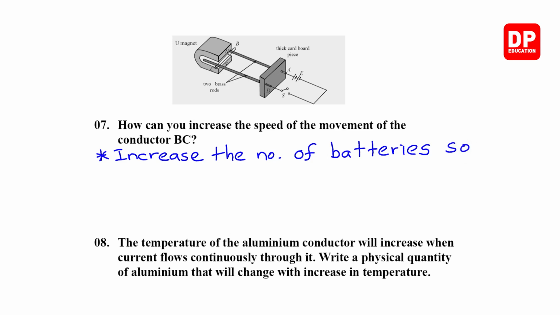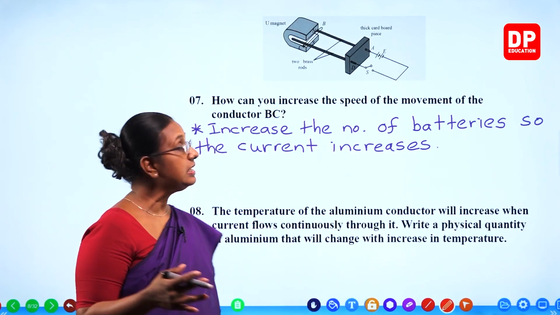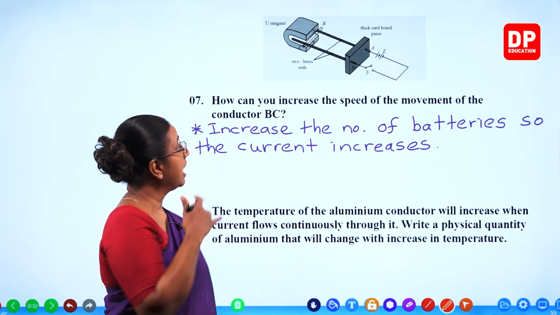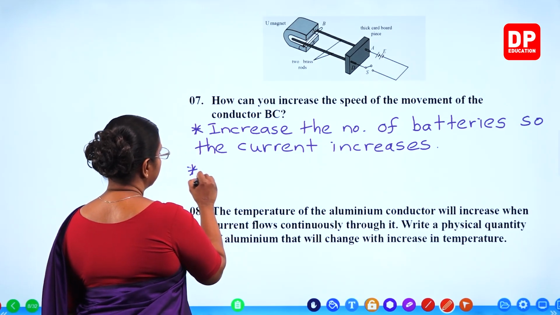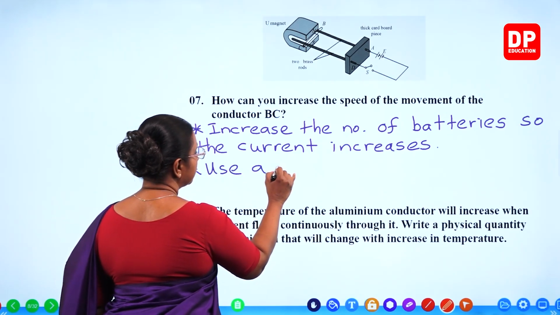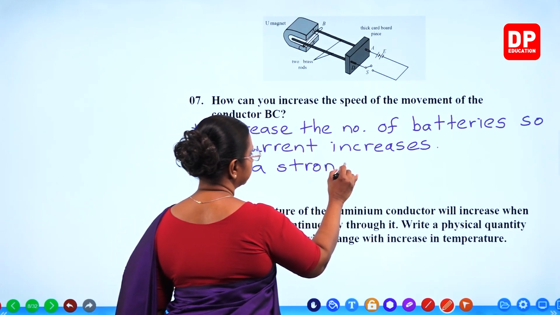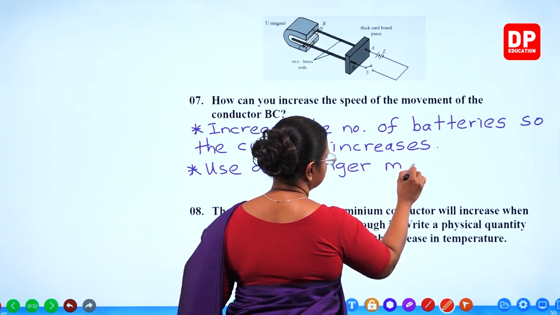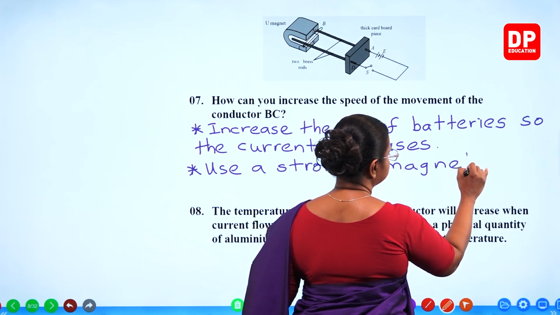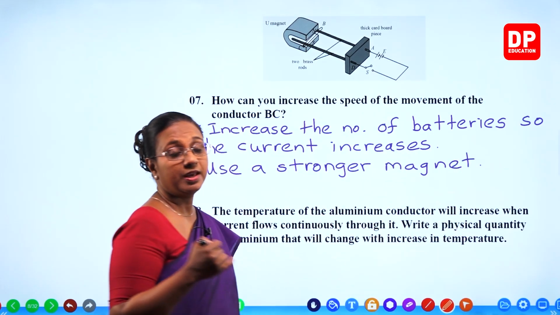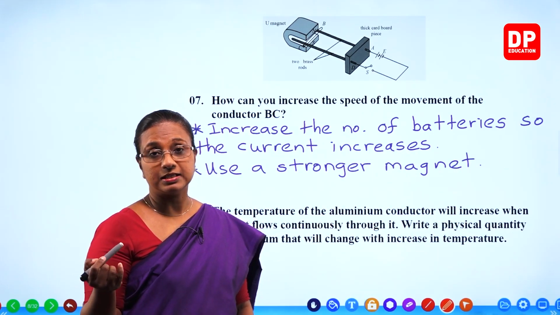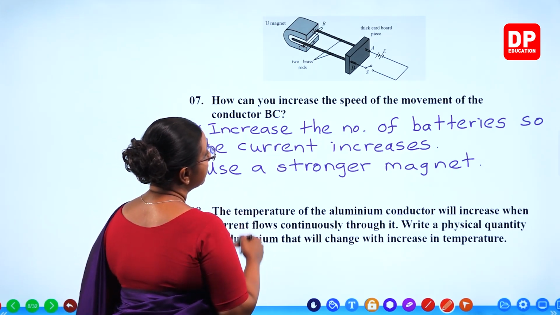So the current increases. So that is the easiest change that we can make. Otherwise, we can use a stronger magnet and also we can use a longer conductor. So that also is possible.